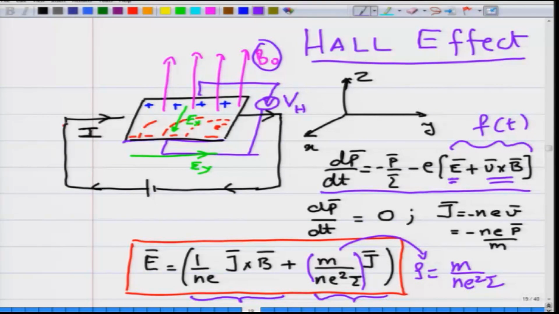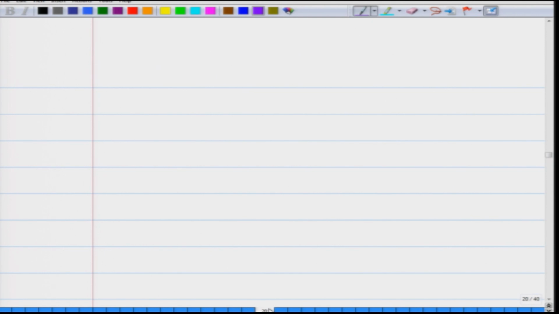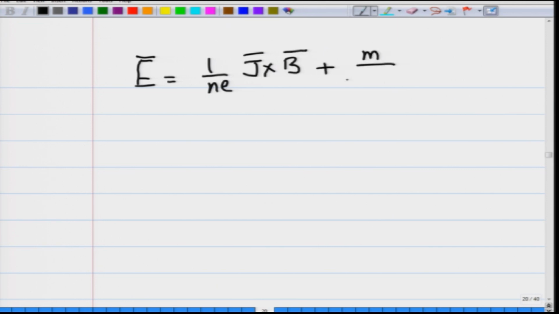So, let us look at this equation a little more, and what the consequences of this equation are. The electric field is 1/(ne) J cross B plus m/(ne^2 tau) times J. This is your electric field in the presence of an applied electric field as well as an applied magnetic field.